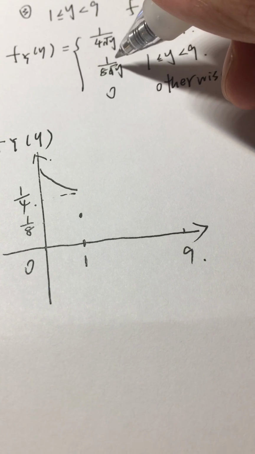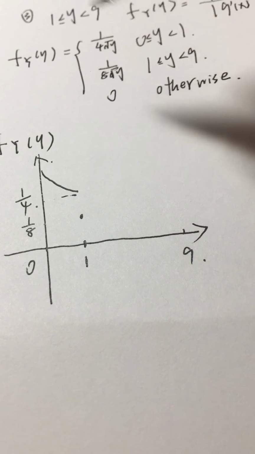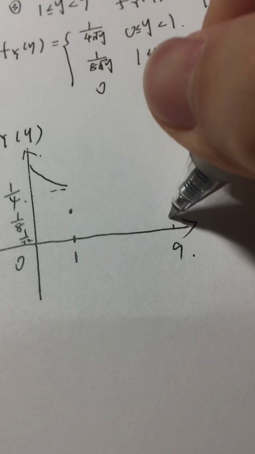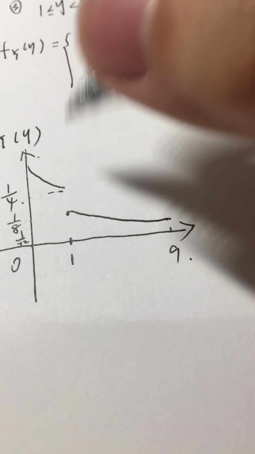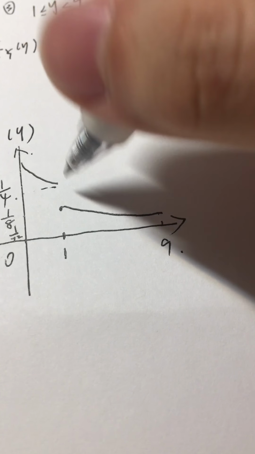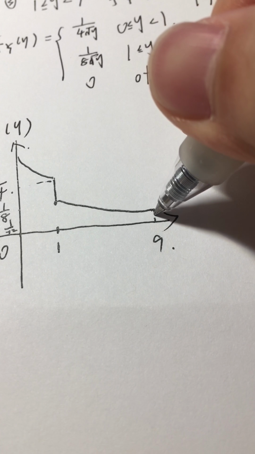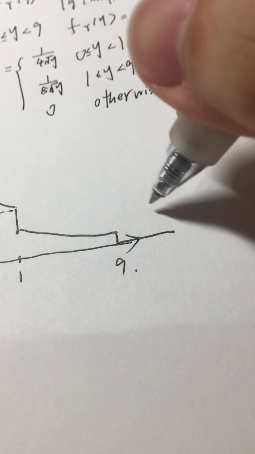When y equals 9, the result of this function is 1/72. So the picture between 1 and 9 is this. Otherwise it is 0.